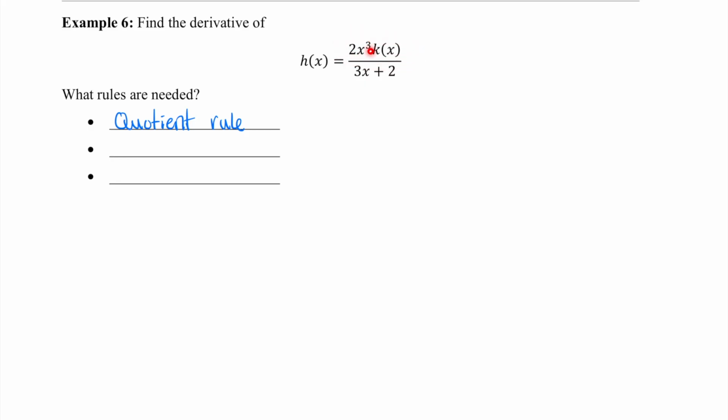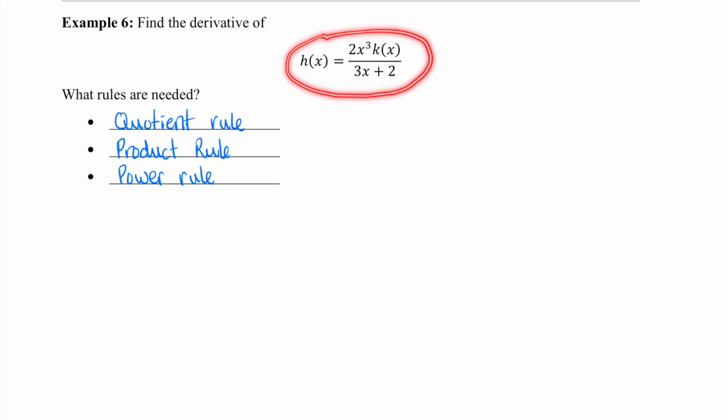That means we also need the product rule. And to differentiate 2x to the third, we also need the power rule. Now, we'll take the derivative of h of x using these rules in this order.